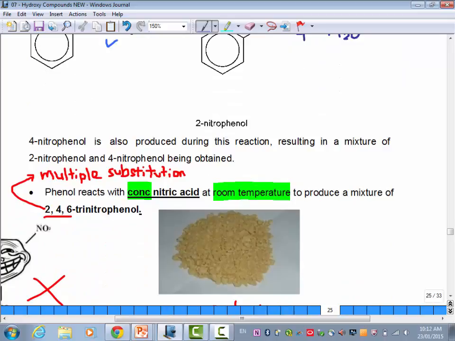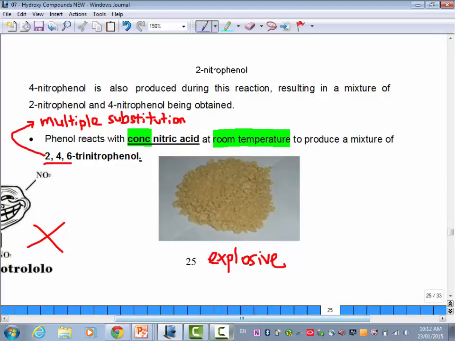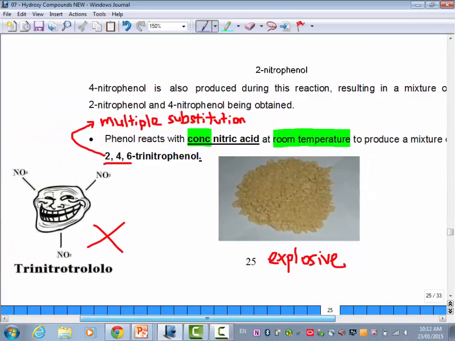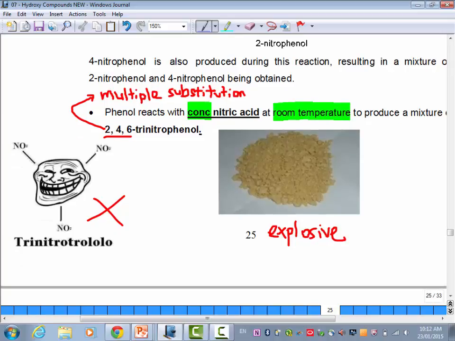So what happens when you forget and you use conc. nitric acid? You're going to get multiple substitution. The product that you obtain is actually 2,4,6-trinitrophenol, not your trinitrotoluene. Your 2,4,6-trinitrophenol is an explosive.